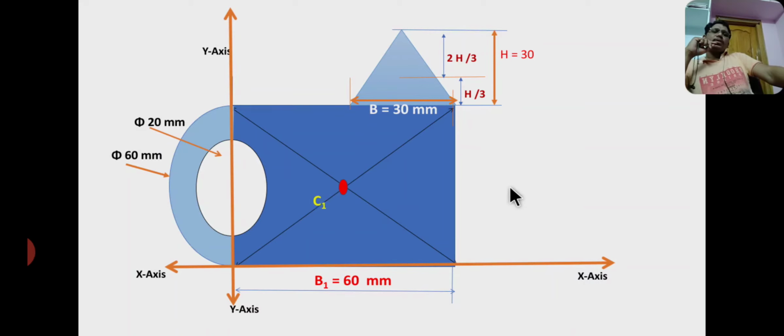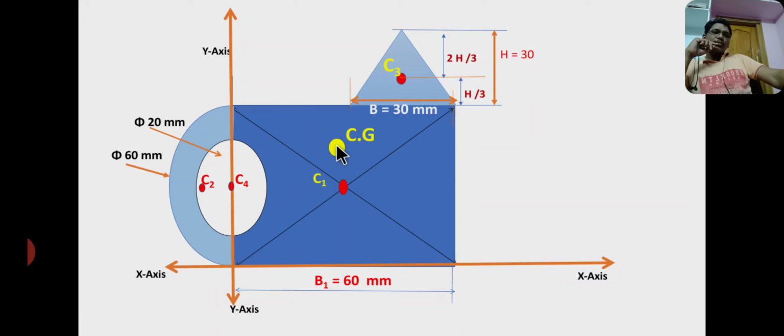Now C1 is the centroid of the square, C2 is the centroid of the semicircle, C3 is the centroid of the triangle, C4 is the centroid of the hollow circle, whereas CZ is the centroid of the entire composite section.